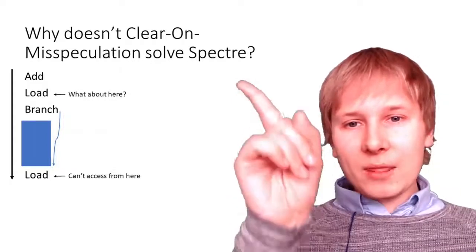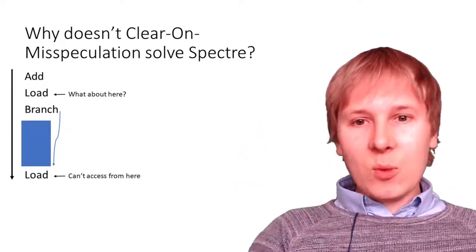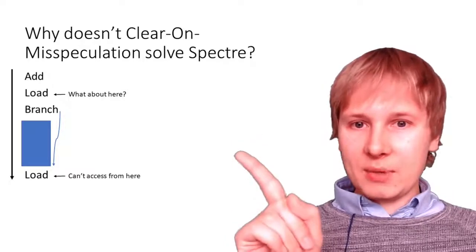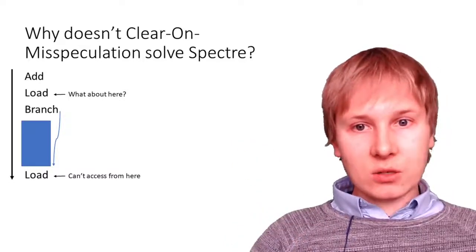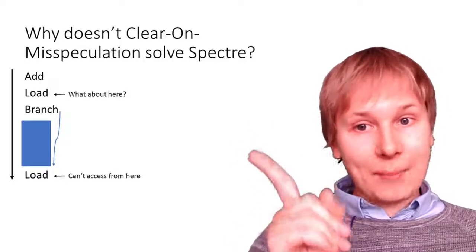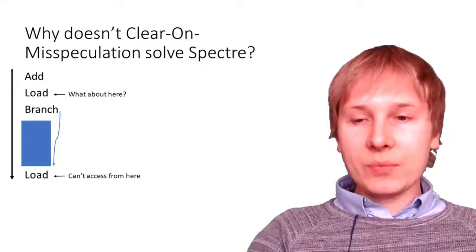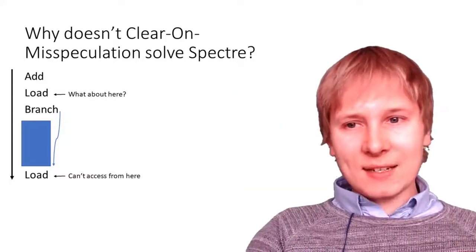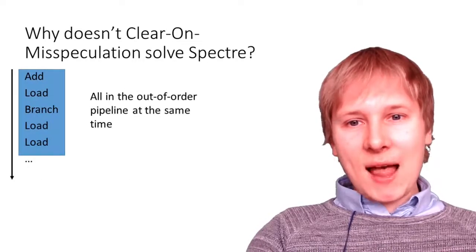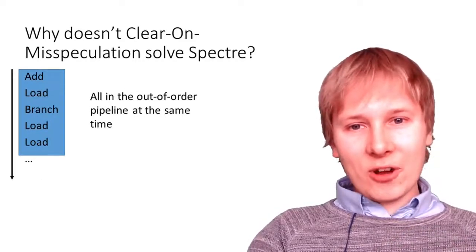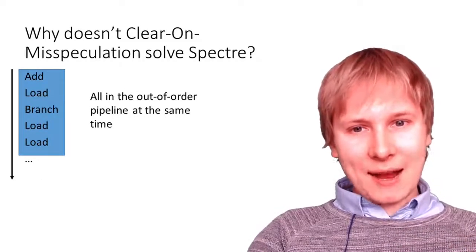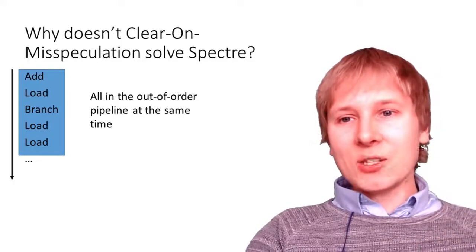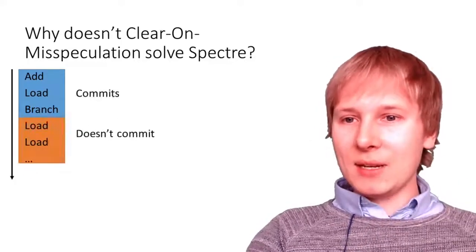But what about the load over there? Can we learn anything about any of the loads that happened here? See any of the cache state or anything else that leaks what happened in this misspeculation up here? Well, that's before it, isn't it? So surely not. Well, all of these are running on an out-of-order processor. Spectre is an attack on out-of-order processors. So all of these are in the pipeline at the same time.